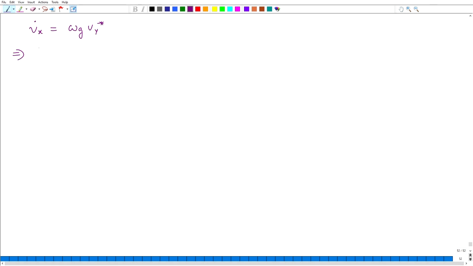So, V x dot will be minus V0 omega g sin omega g t, and that will be equal to omega g V y star, and V y star will actually be minus V0 sin omega g t.